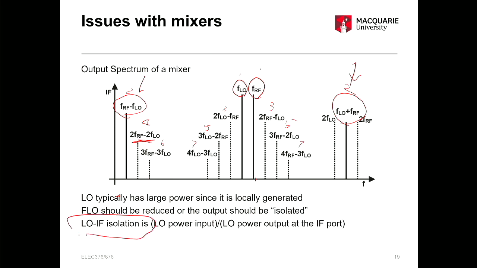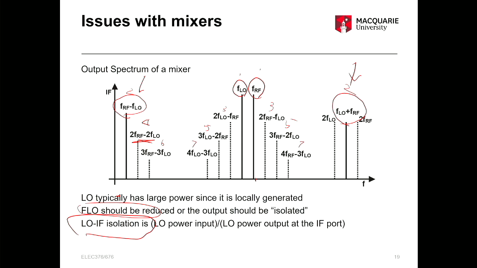The RF and LO, and also IF and LO. The IF is the output of the mixer and LO is one of the inputs. So what happens when the input leaks into the output? You're basically expecting a 455 kilohertz IF output after mixing, but you got your LO into that.